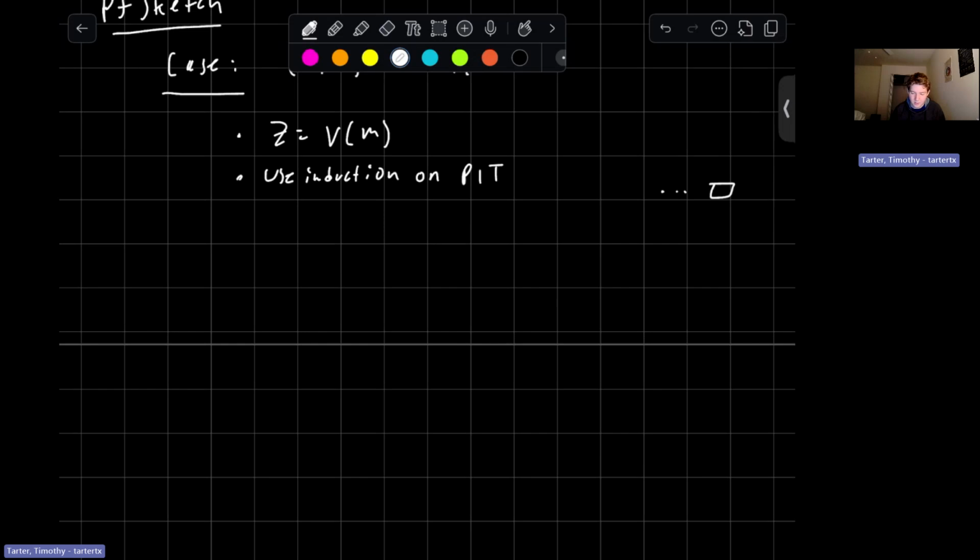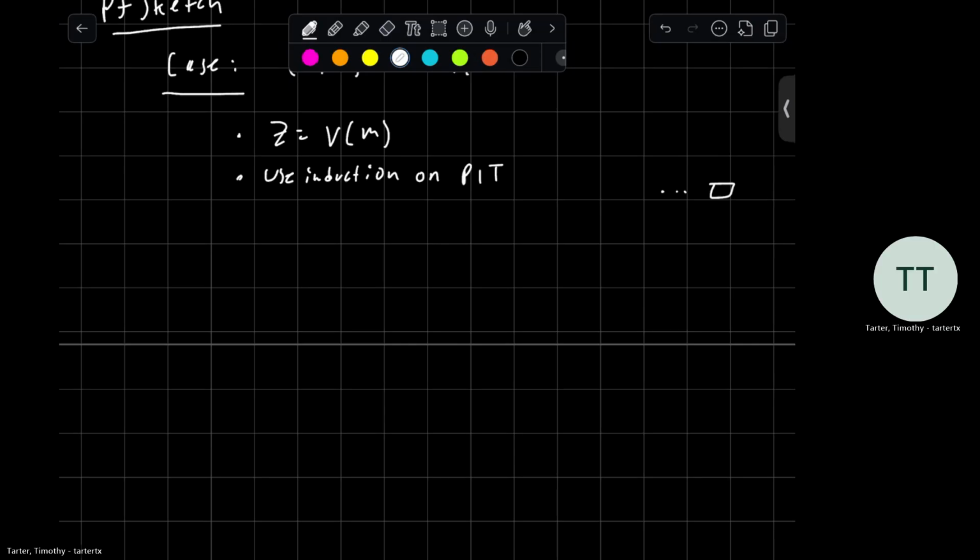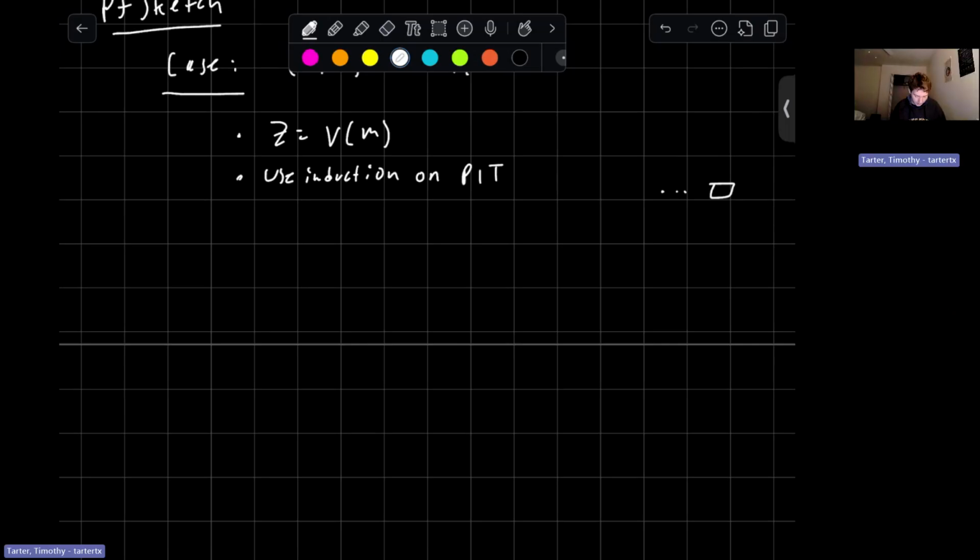D equals dim A. Okay, sorry about that. Geometric translation.